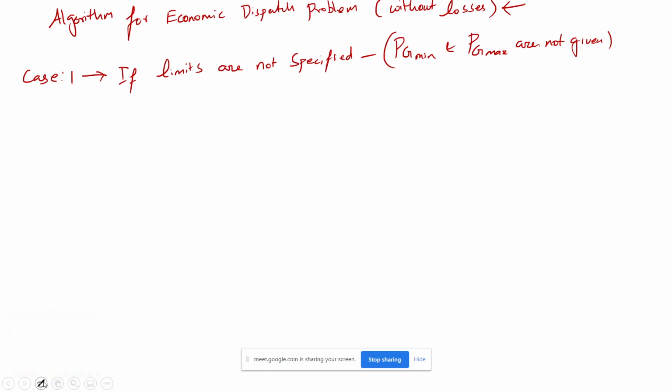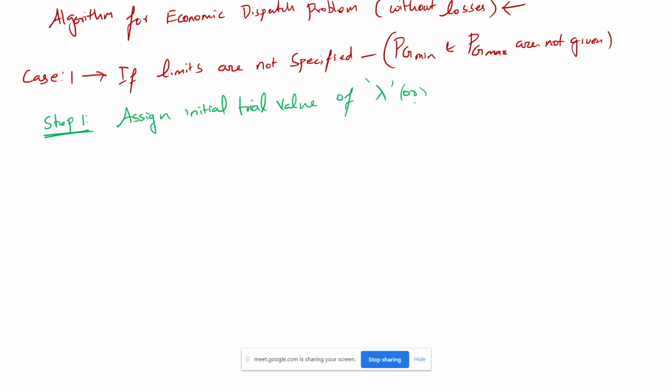So what are the steps? Step 1, note down clearly, assign an initial trial value of lambda. We can always start with some random lambda value, otherwise you may need more iterations, or the convergence should take place very fast.